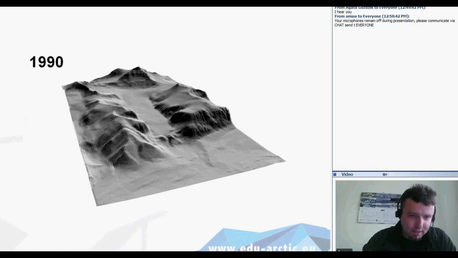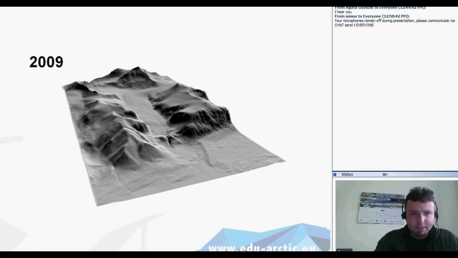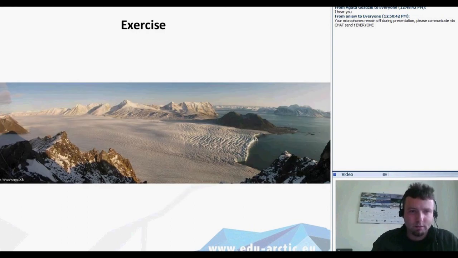In the middle there is glacier in 1990. And after almost 20 years, you can see the differences of elevation of this glacier. So as you can see, glaciers move back, and also they're less thick than they used to be.